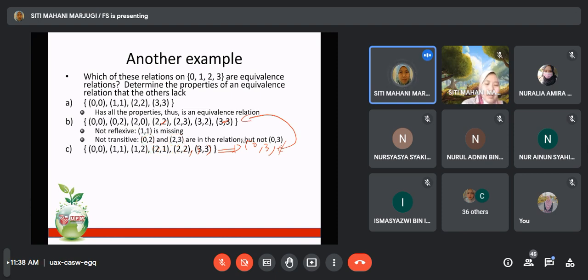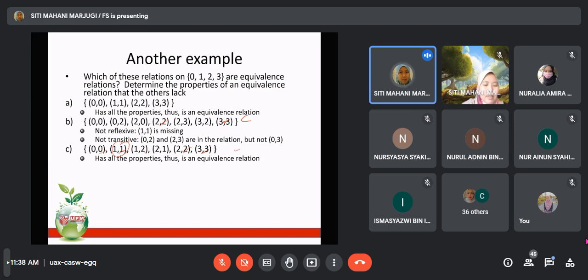Okay, yang ini pula. So yang ini, this is an equivalence relation. Because we have 0, 0, 1, 1, 2, 2 and 3, 3. This shows the reflexive. And in terms of symmetric, 1, 2, 2, 1 to be the 1, 1. Okay, ada.